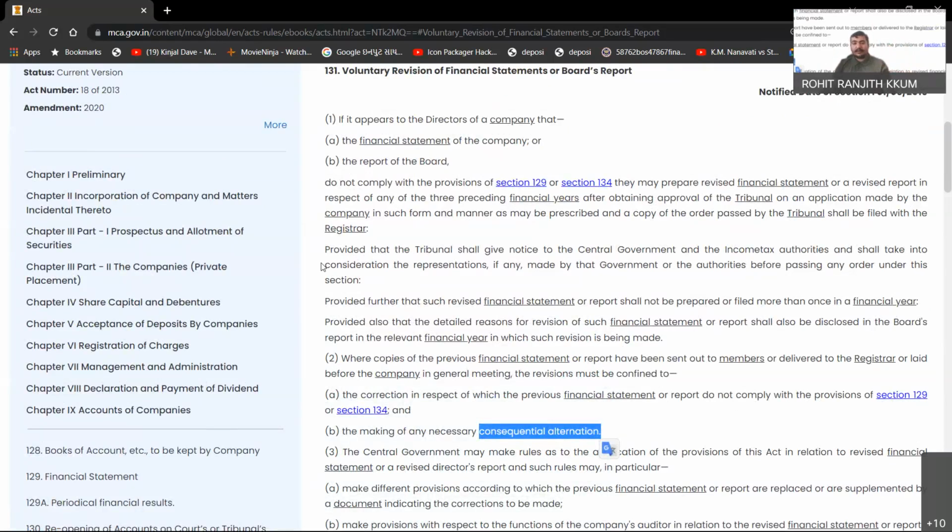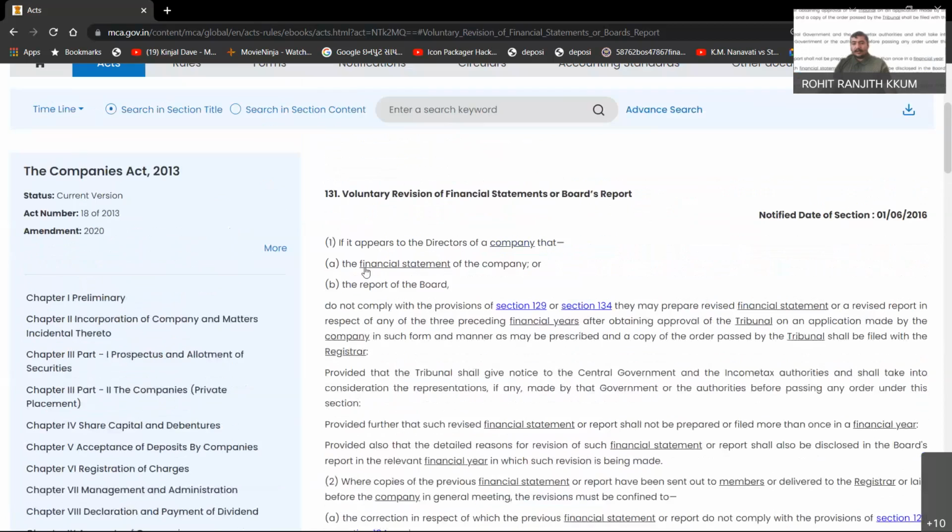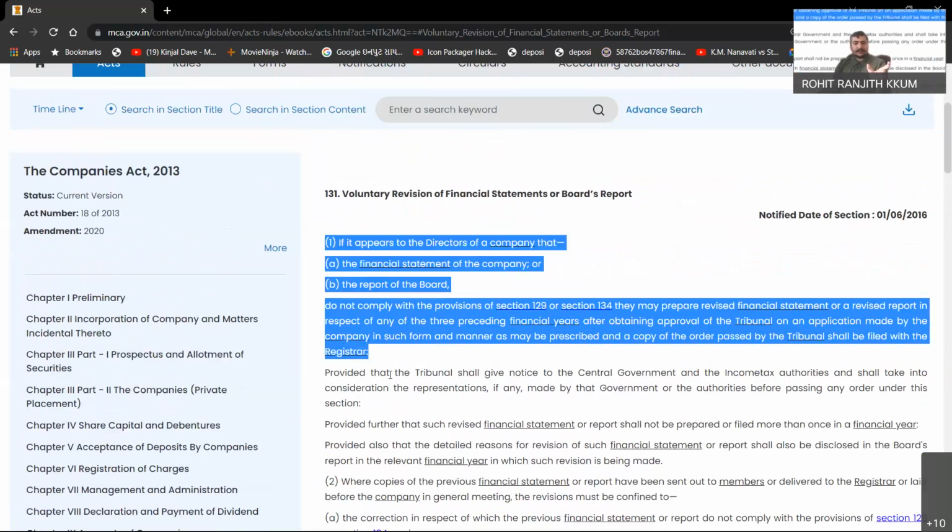For example, if you look at subsection number 1, what's the heading? You can put the heading like: the power of directors to apply to tribunal for voluntary revision. Entire subsection 1 is that heading. So if you just read this point, directors may apply to tribunal for revision for last 3 years.